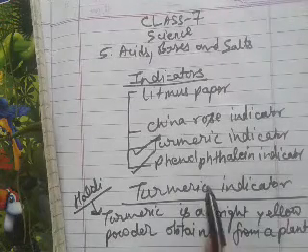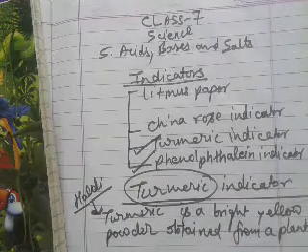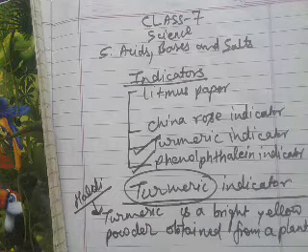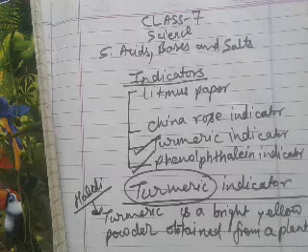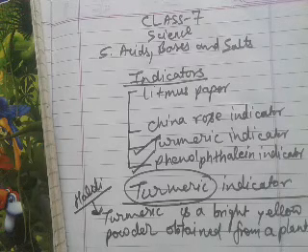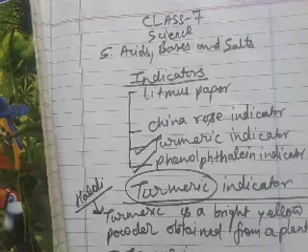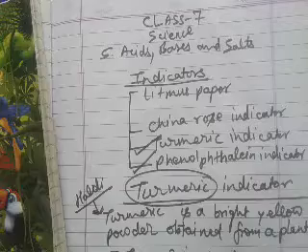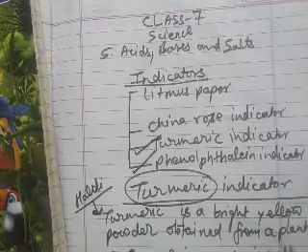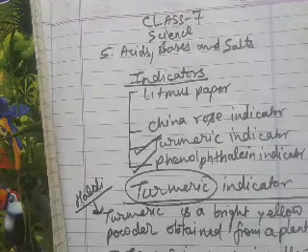So the natural color of turmeric is yellow, and when we use turmeric paper as an indicator, the turmeric paper is yellow in acid solution.